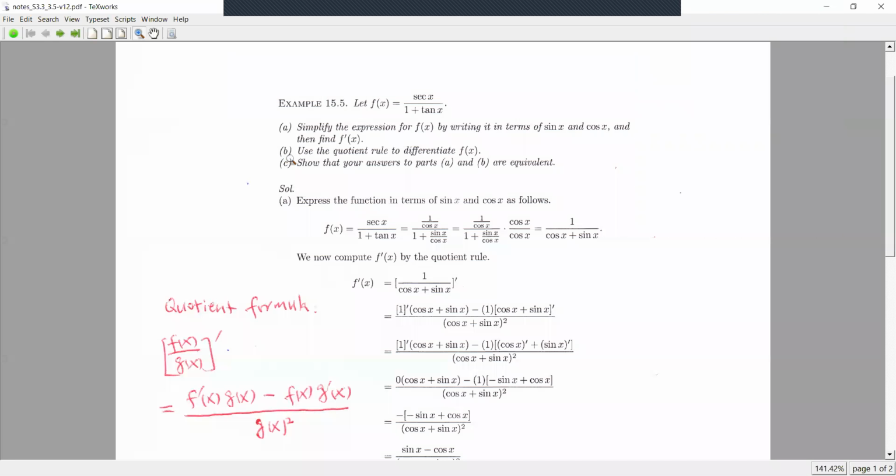Solution to part B. Use the quotient rule to differentiate the function f.